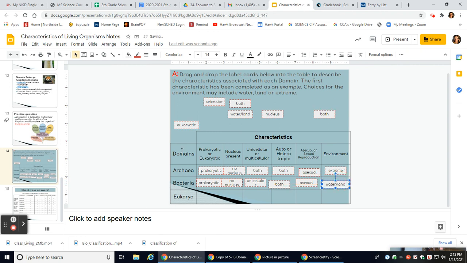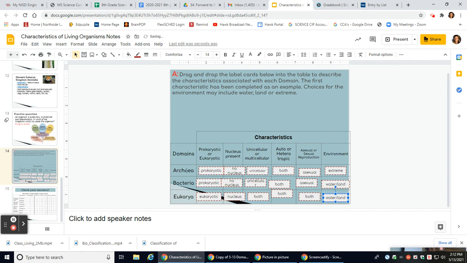Then lastly, in domain eukarya, where we belong, these are eukaryotic cells because they have a nucleus. And they could be both multicellular and unicellular. Let's put unicellular up here with Archaeobacteria, one cell. And then they could be both autotrophic or heterotrophic. They can reproduce either way, and they could be found on land and water.